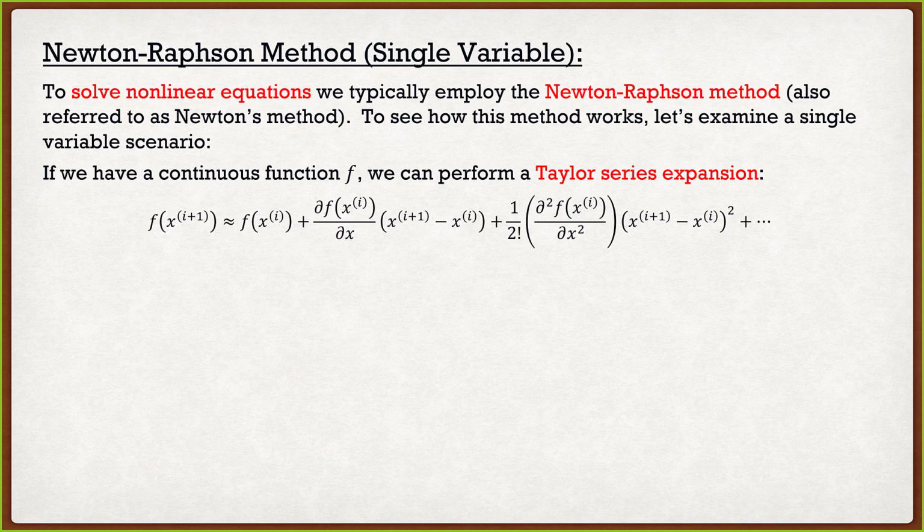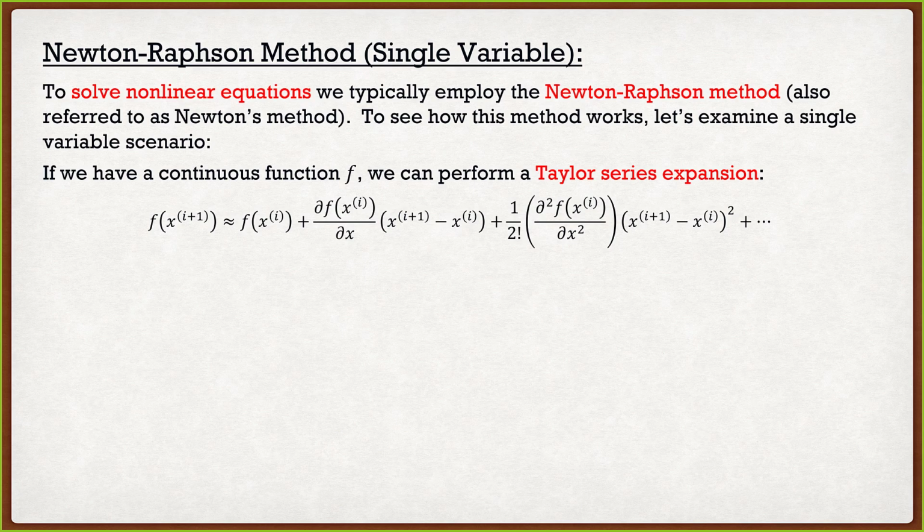So if we have a continuous function f, we know that we can expand it using a Taylor series expansion, where basically f of xi plus 1 is equal to f of xi plus the partial derivative of f of x multiplied by the distance between them, etc. So this Taylor series, you've seen it before, it's nothing too special.